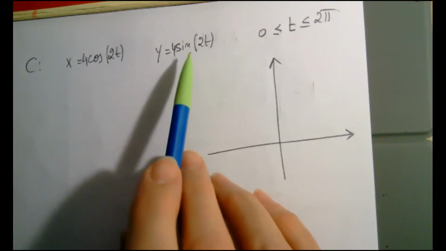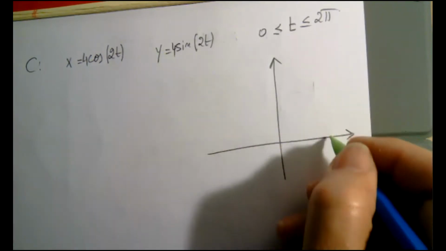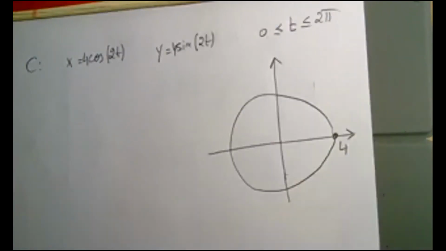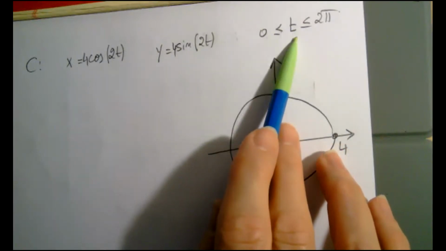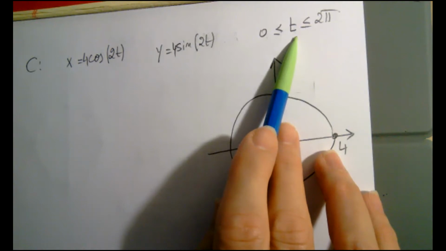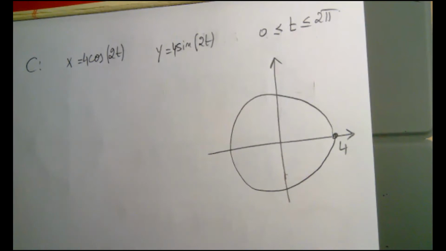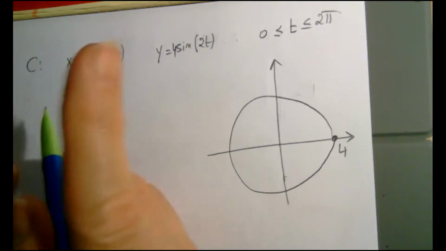Yes, because for the same reason, there is nothing but cosine squared 2t plus sine squared 2t, so I will get a circle, and the radius of the circle is going to be 4. Very good. Question number 2, how many times are we going to go around the circle? That's important because I have 2t here. And we're going to go twice around the circle.